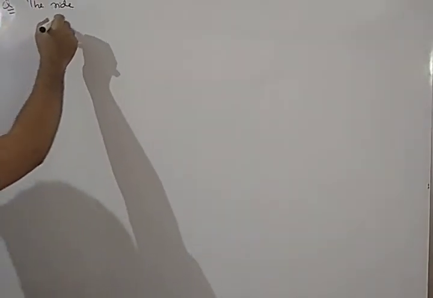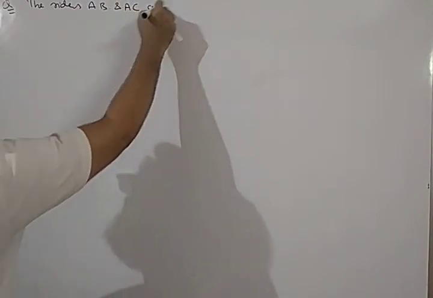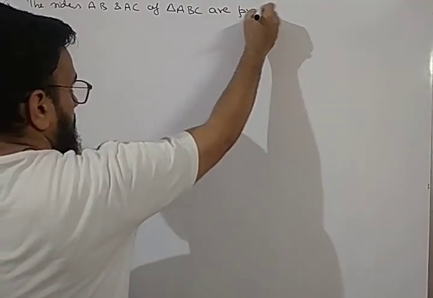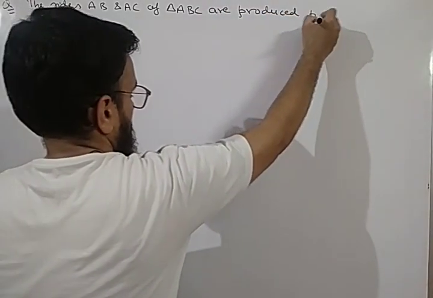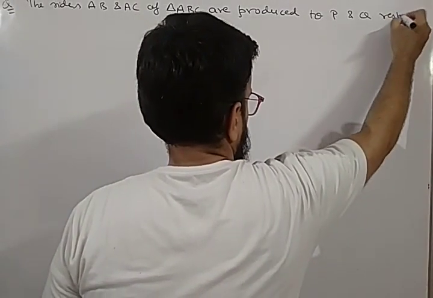The sides AB and AC of triangle ABC are produced to P and Q respectively.